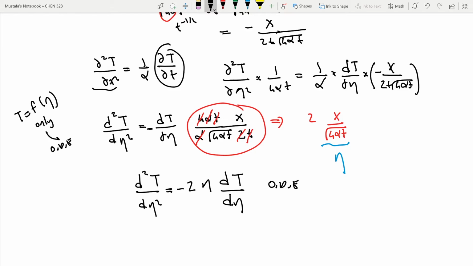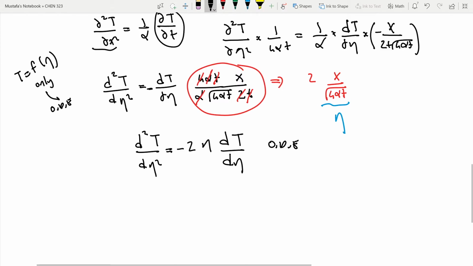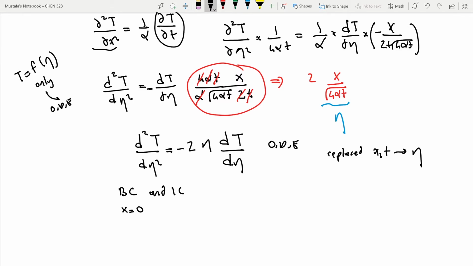So far so good. We replaced x and t with eta. We only have one function and one functional derivative. So we need to also take care of the boundary condition and initial condition. The boundary condition: we had at x equal to 0, T was equal to Ts.